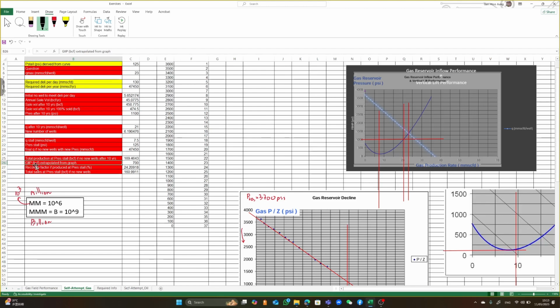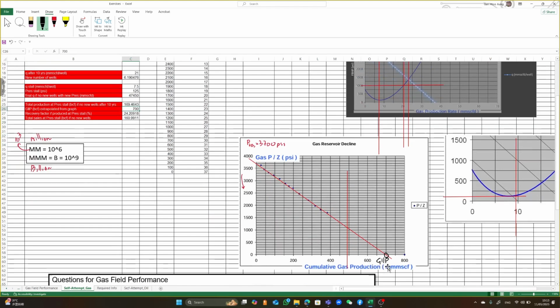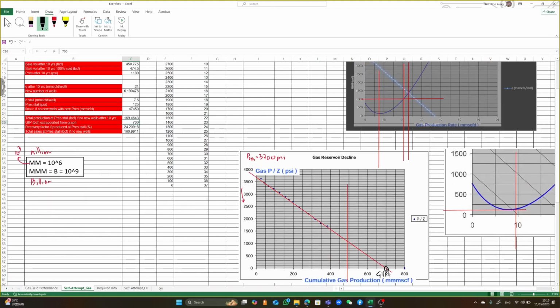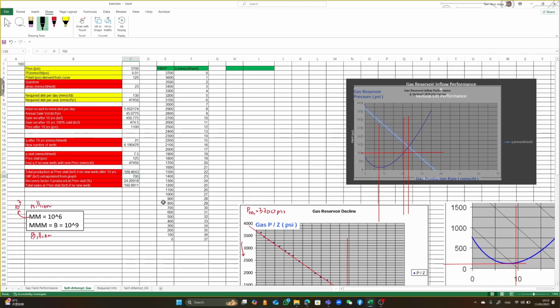It should be BSCF, it was my mistake. We got 700 MMM SCF, which is BCF, and MMM, as I said, is also a billion. So I wrote it down as a billion by reading from this graph. So we got the gas initially in place.